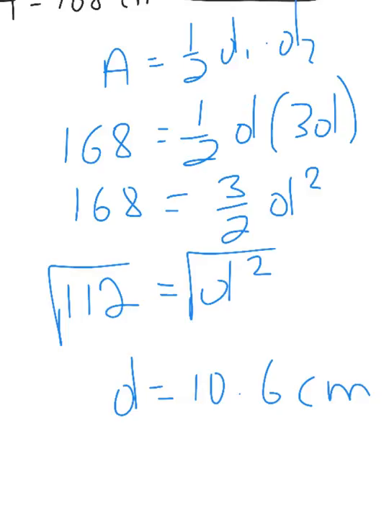The other one is 3 times as long, okay? So to get the other one, d2 will be 10.6 times 3, times 3, not to the third power.